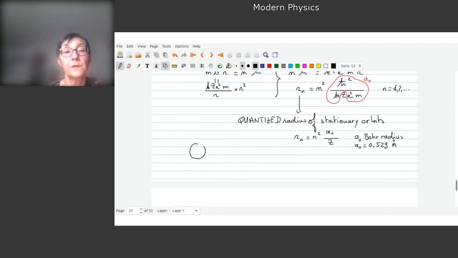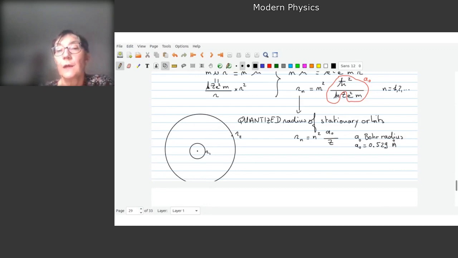We can try to draw it. This is the smallest one, R1. The other one will be 4 times this radius, so 1, 2, 3, 4. It's not perfect, but this would be R2.